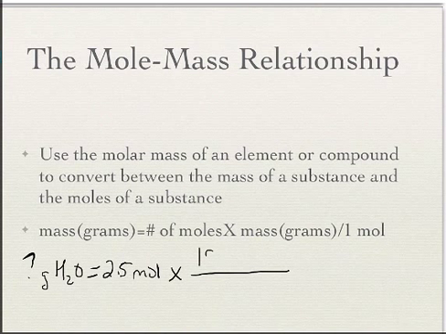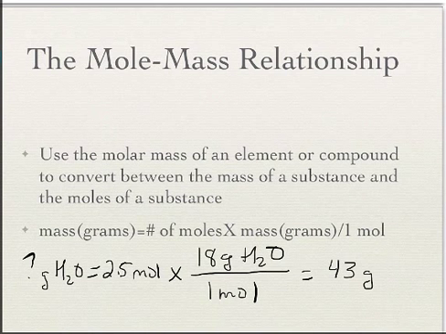In other words, 18 grams, that's water, is 16 for oxygen and 2 times 1 for hydrogen. 18 grams of H2O over 1 mole. And that's how I would figure out what that is. So that'd be 45 grams H2O.